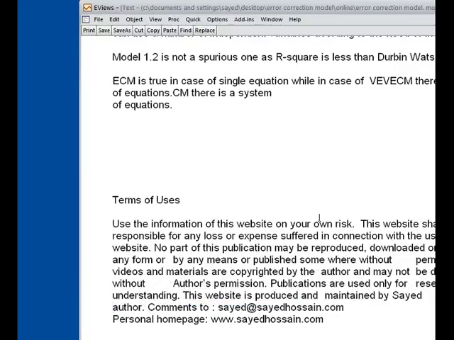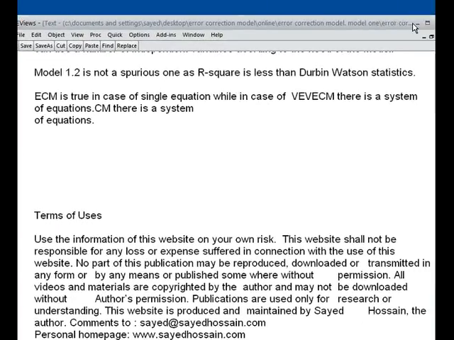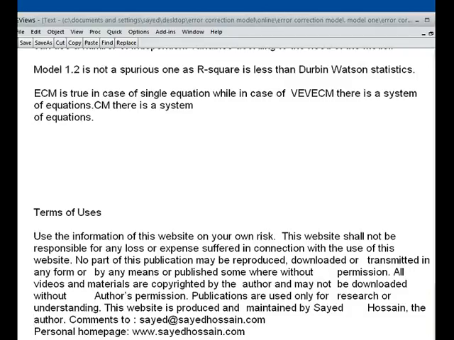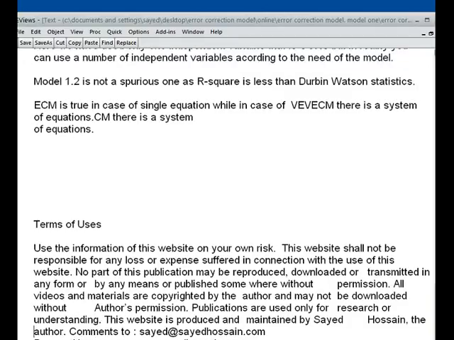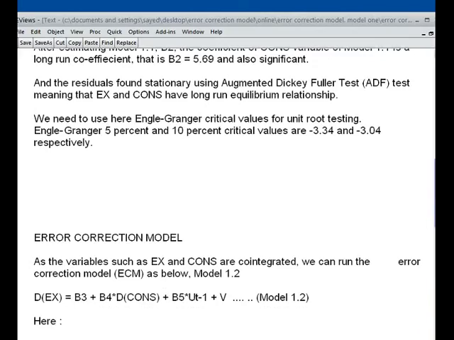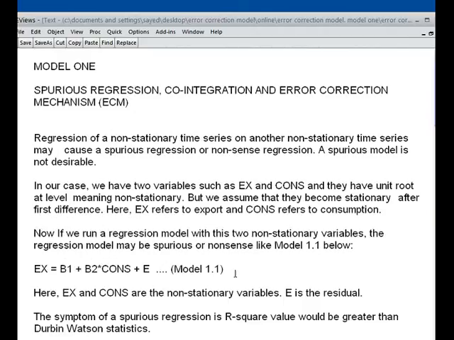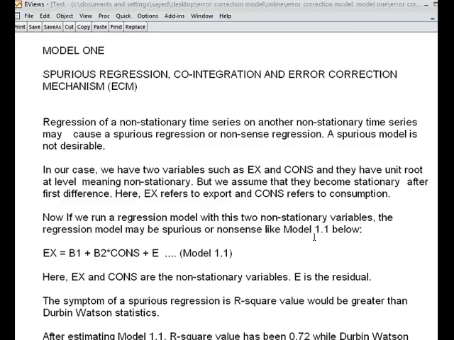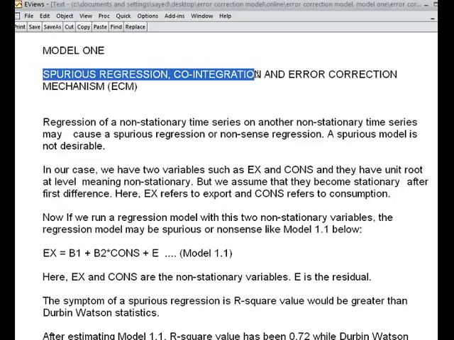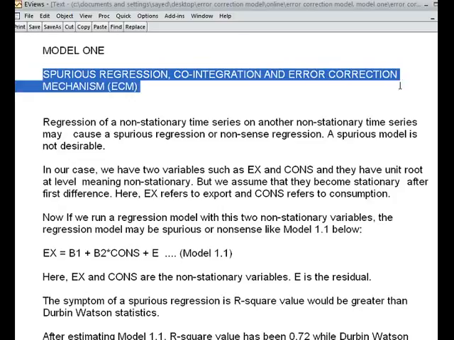Okay, here I am taking the whole picture that I said today. It is coming up gradually, right? So here you can see the whole model: spurious regression, co-integration, and error correction model.